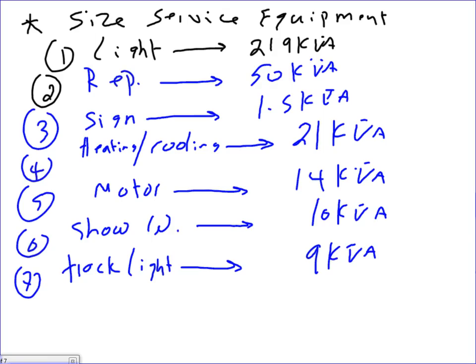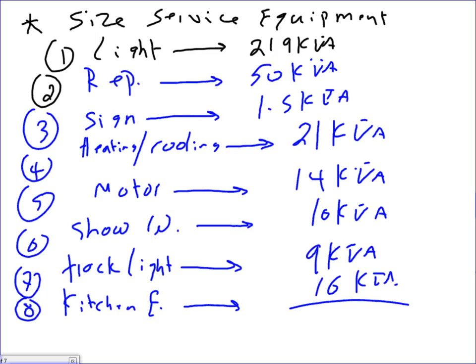And the last thing is number 8, kitchen equipment: 16 kVA. Guess what we're going to do for all these? We're going to add them up. That should come up with 341, Brad. Did you come up with something like that? 341 kVA.